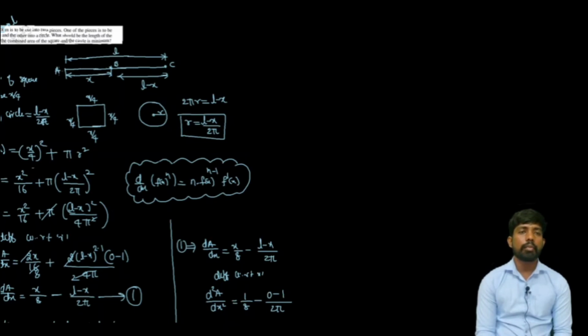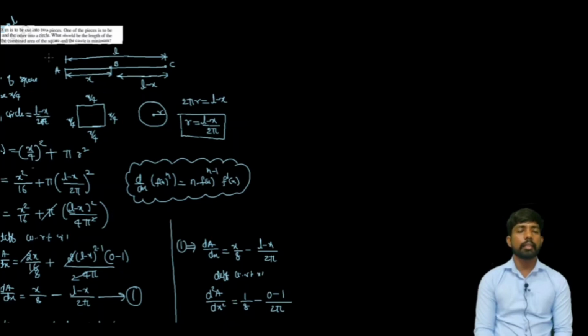Let us consider the length of the first wire as x and the BC wire as L minus x. With the AB piece of wire we made a square with side x by 4, and with the BC piece of wire we made a circle, whose circumference is L minus x, so radius is L minus x by 2 pi. From there we substituted in the formula.